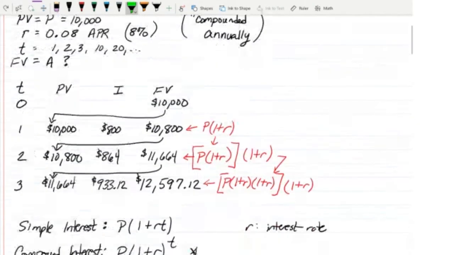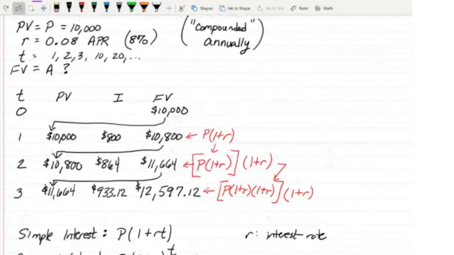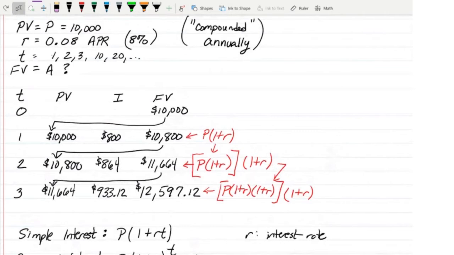And what I did was I set up a little table: T, PV, big I. Remember, big I represented the amount of interest in dollar terms that you earned, and future value. And rather than make this a big, long 4-year situation, present value at the very beginning, future value at the end of 4, I'm treating each year, each time I calculate interest, as a new present value, future value situation.